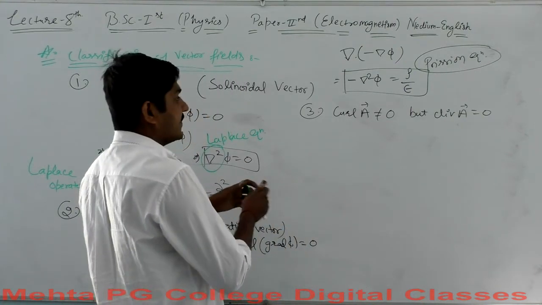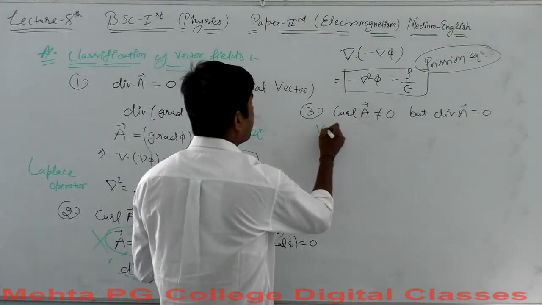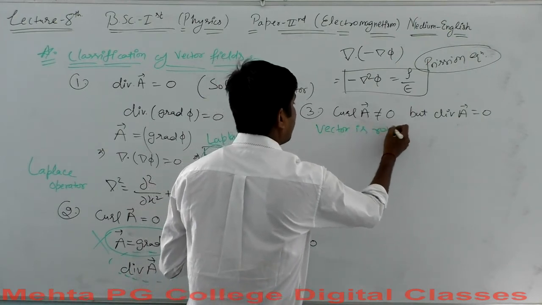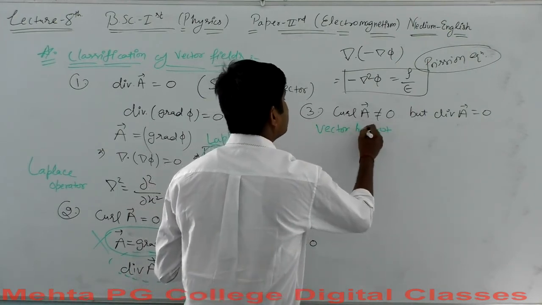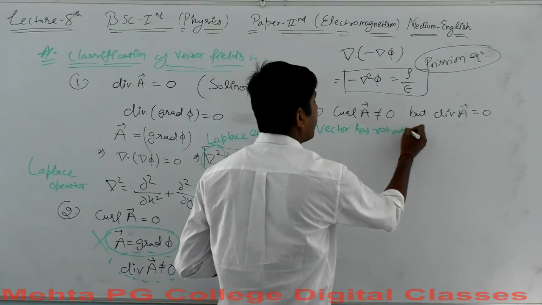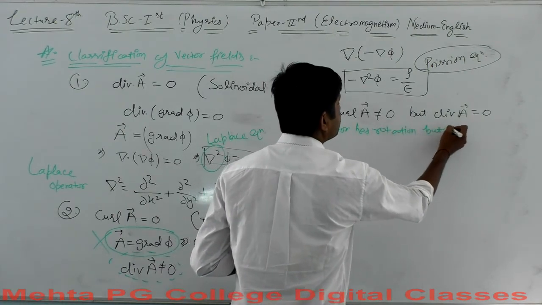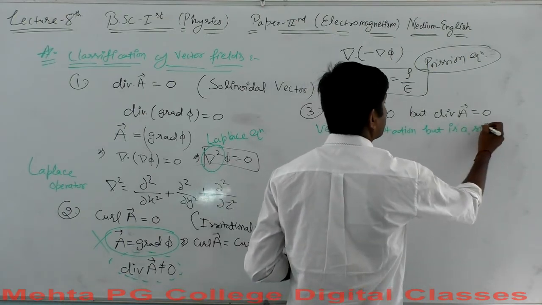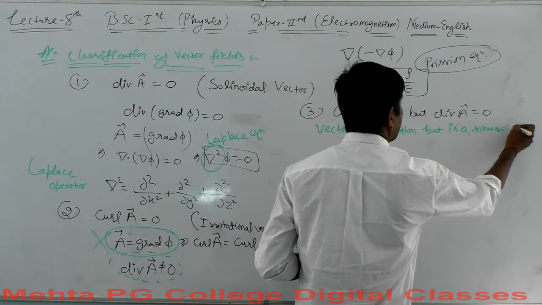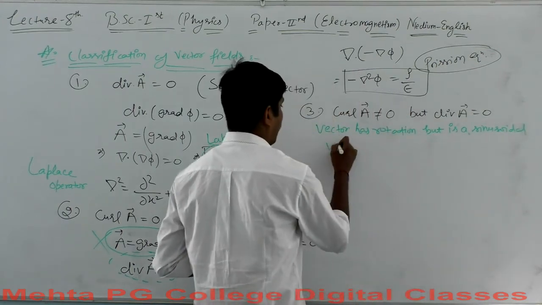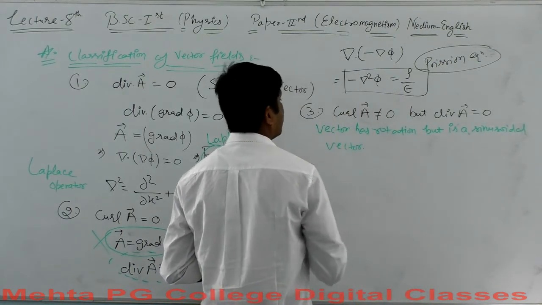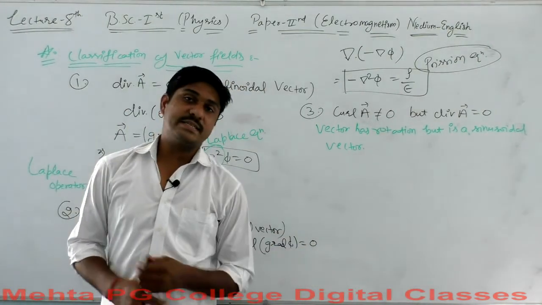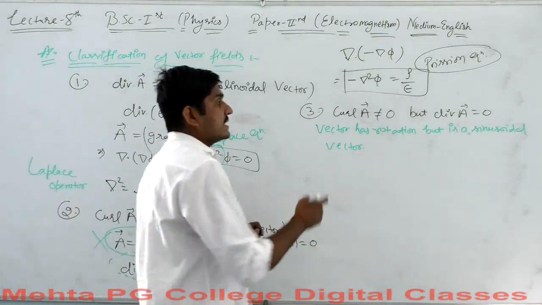It means that the vector has rotation but is a solenoidal vector. Yes, so it means it is a solenoidal vector, and magnetic field is the example of this.